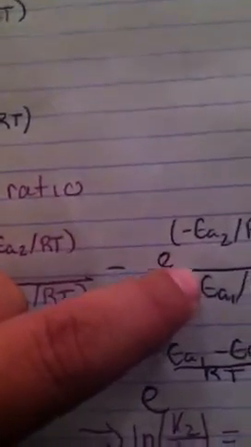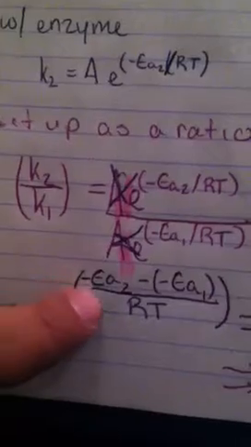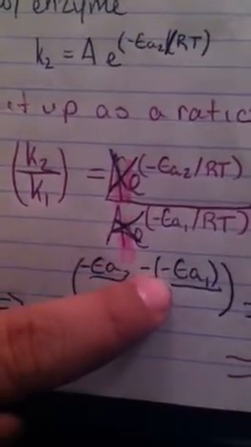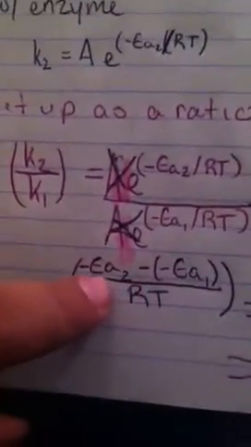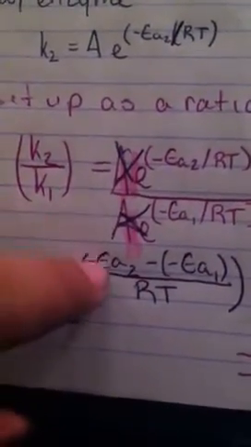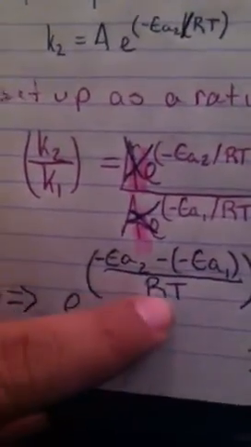So then what we do, because they're both over the same R and the same T, we're able to combine these into a single expression because of the laws of exponents. So it becomes e to the negative EA2 minus a negative EA1 over RT.